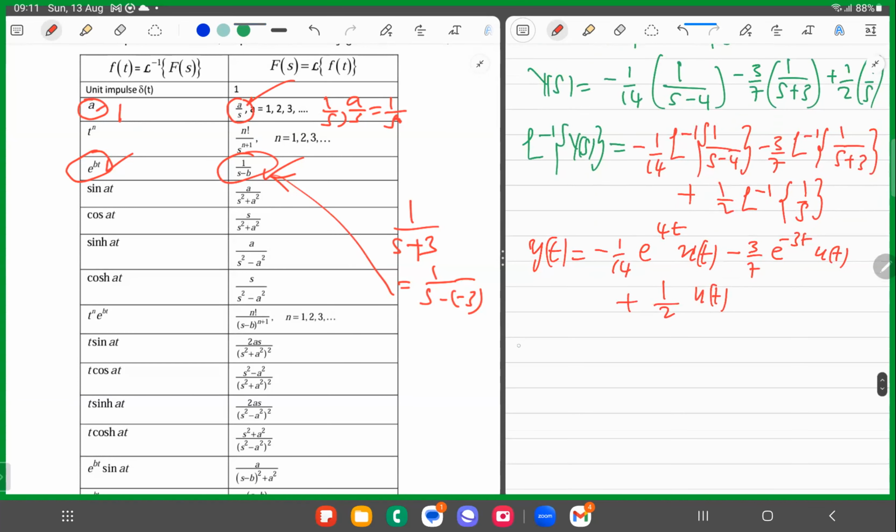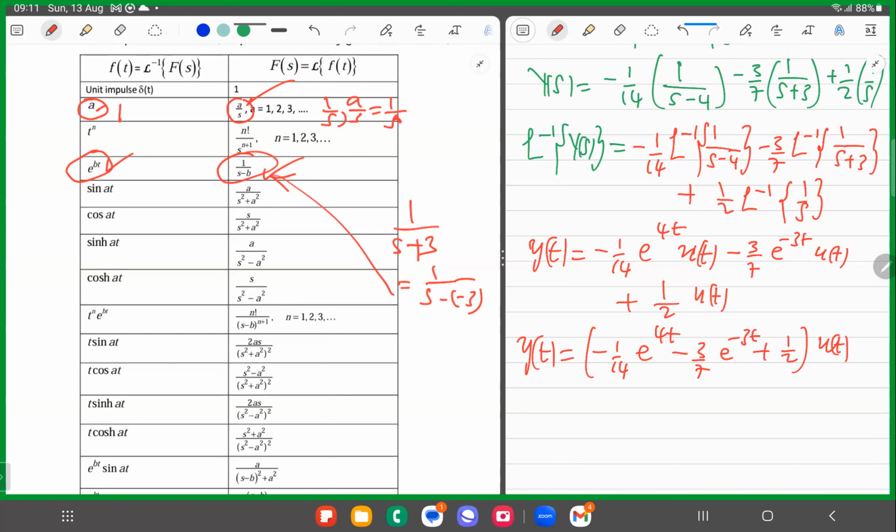The implication, therefore, is that this y of t can be written as minus 1 over 14 e to the 4t minus 3 over 7 e to the minus 3t plus 1/2 u of t.